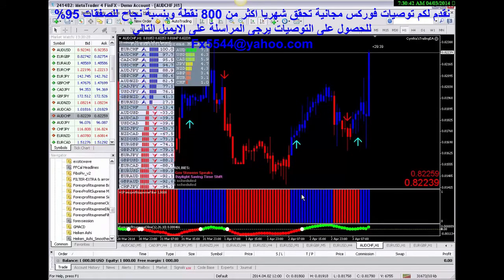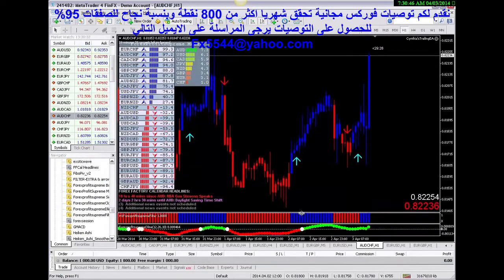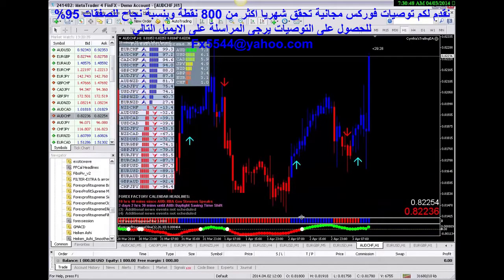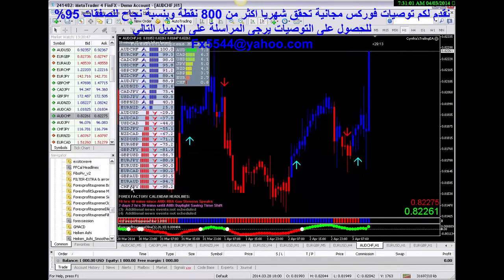So you can squish that down, and you can squish this down. The filter, you only need to see just a tiny bit of it. Oh, look what happens. Now you have the Forex Factory calendar headline right on your chart. So that's perfect because now you can see all of the currency pairs that it's monitoring.